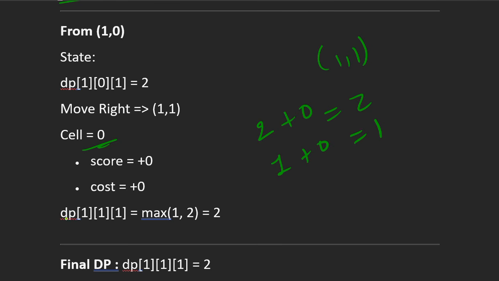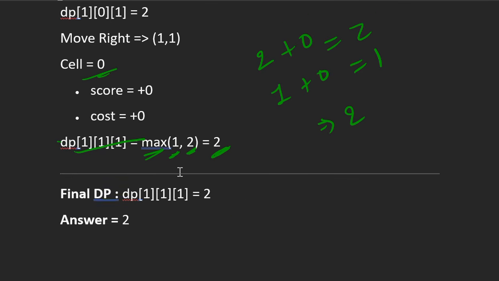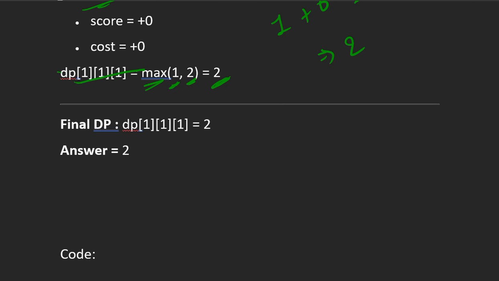So dp of 1 comma 1 is equal to, earlier the value is 1 but our current score is 2, so we take the maximum of both. So maximum of 1 and 2 is 2, right? So now dp of 1 comma 1 is 2, right? So the final dp states that we get is dp of 1 comma 1.